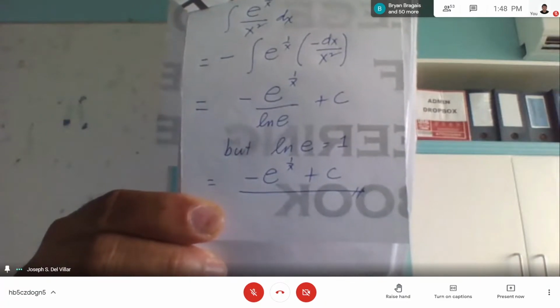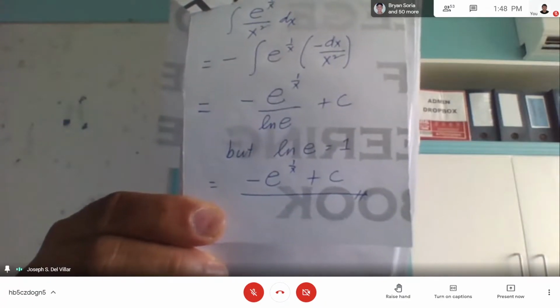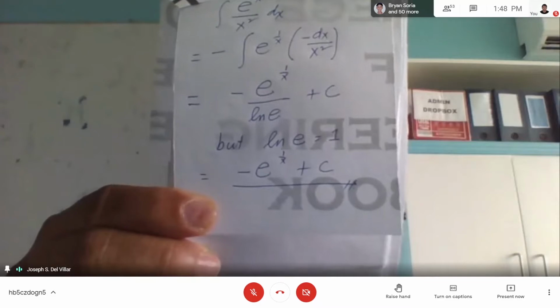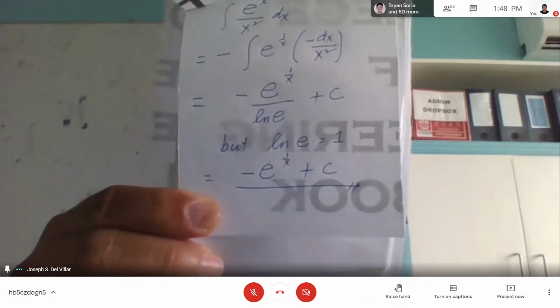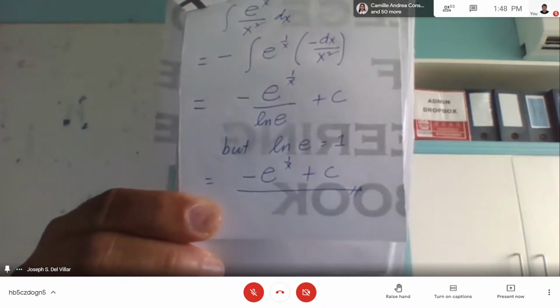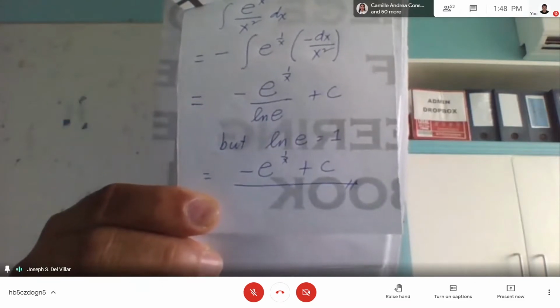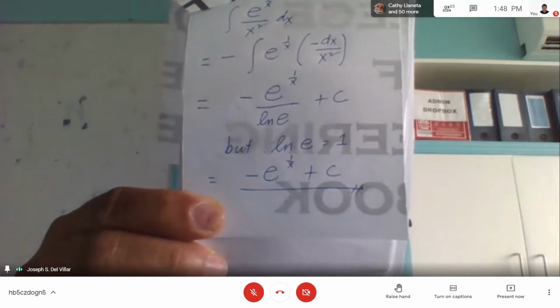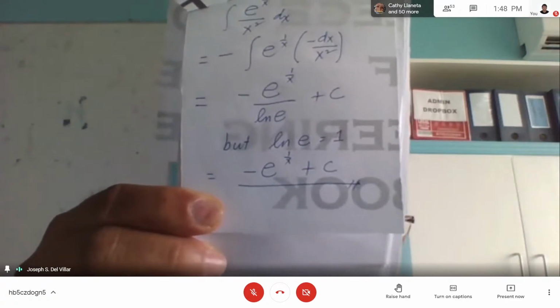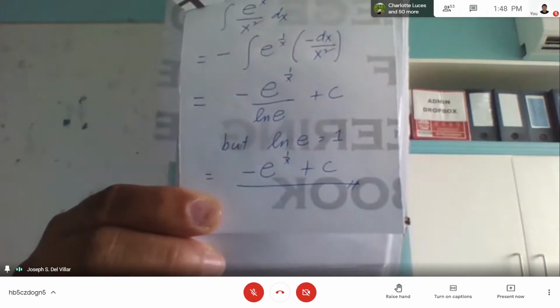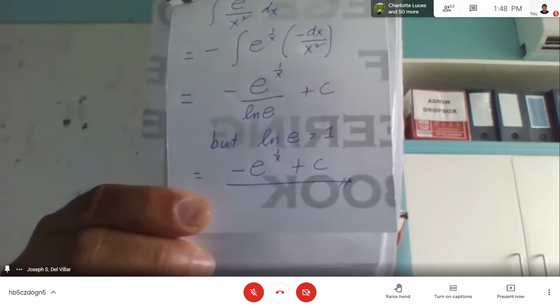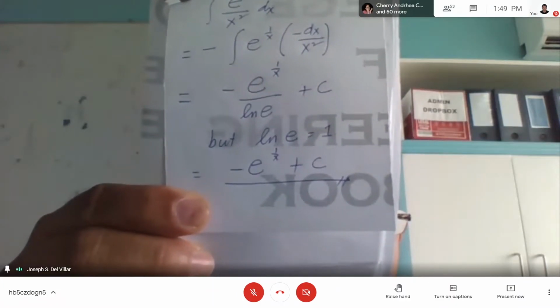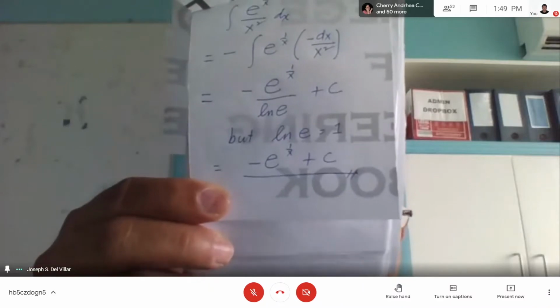Correct? Ln of e is equal to 1. So dividing negative e to the 1 over x by 1 is simply equal to negative e to the 1 over x. So that's why the final answer is negative e to the 1 over x plus c.